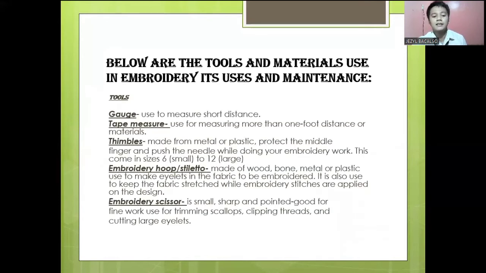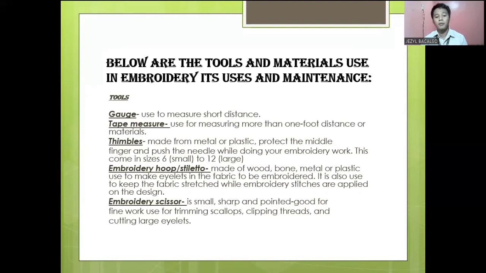Number one is the gauge. Gauge is used to measure short distances, and the tape measure is used for measuring more than one foot distance of the materials. Then thimbles, made from metal or plastic, protect the middle finger and push the needle while doing your embroidery work.